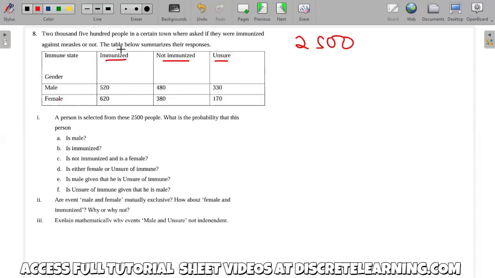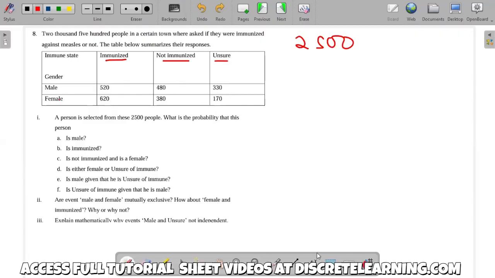For the people who were immunized, we had 520 males and 620 females. For those who are not immunized, we had 480 males and 380 females. For those who are unsure, we had 330 males and 170 females.